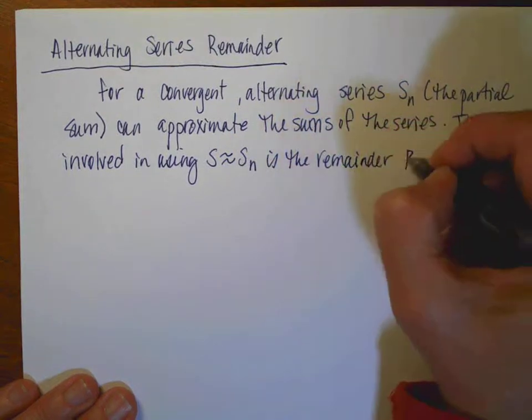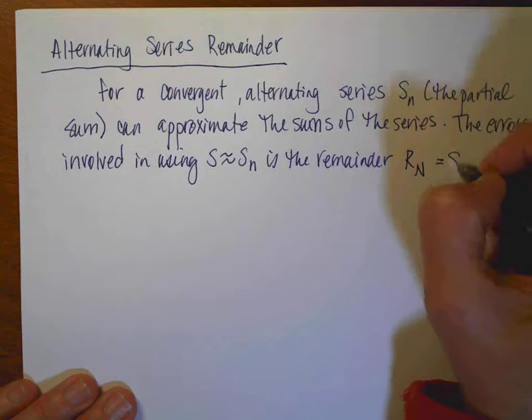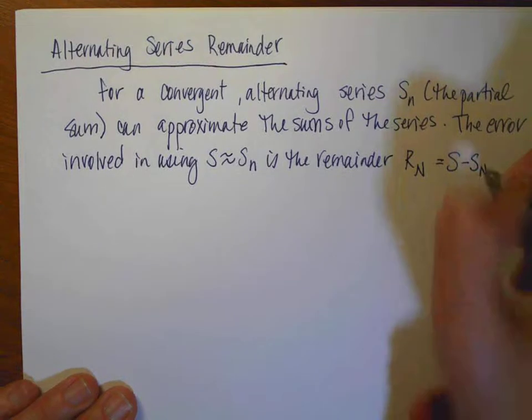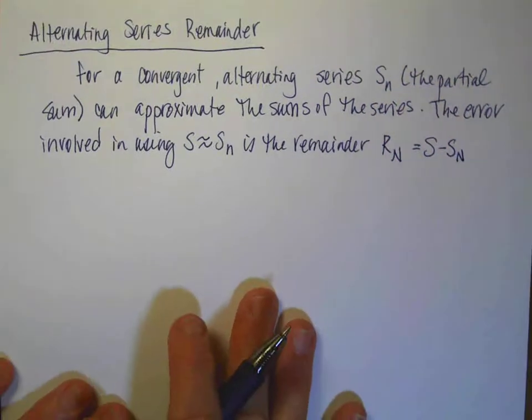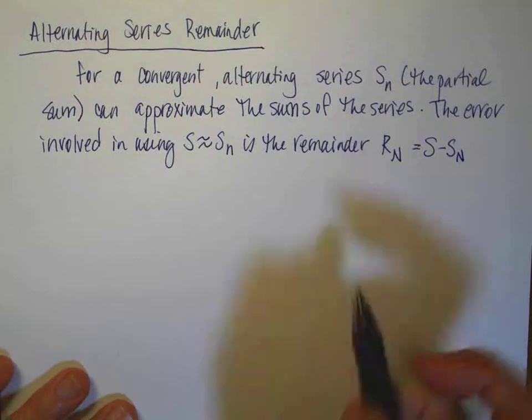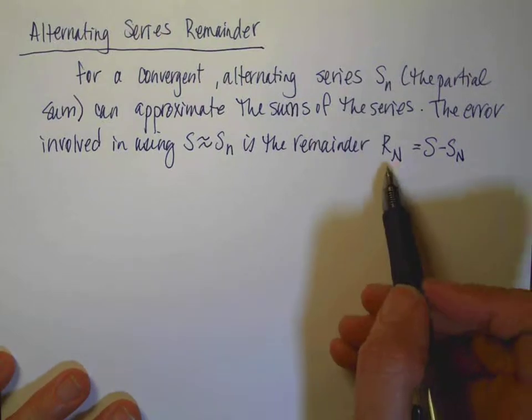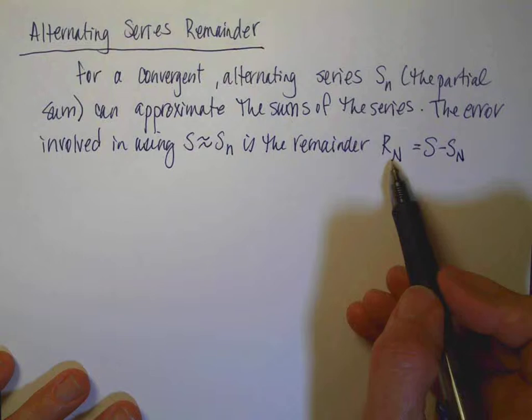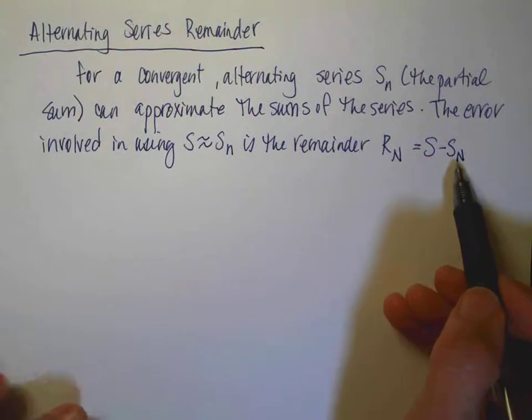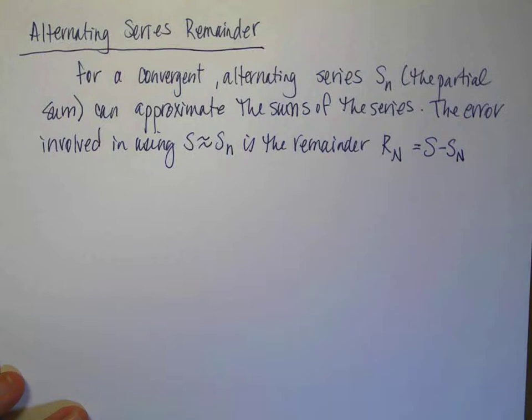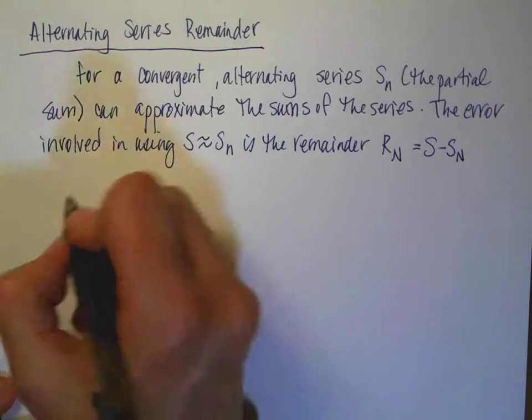The remainder is R of n is equal to S minus S sub n. Okay? Alrighty, so this is a way to approximate the sum of a series by using the difference or the error between the actual sum and the partial sum.